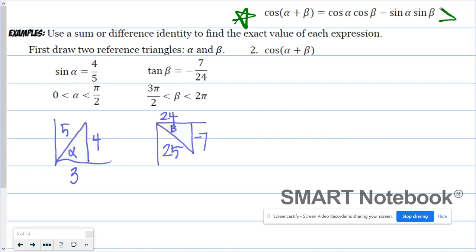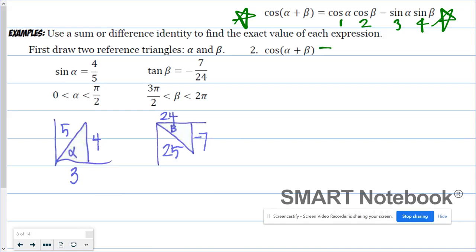Cosine of alpha plus beta is cosine alpha cosine beta minus sine alpha sine beta. And so just like the previous problem, I want to go through and find these 4 values and substitute them into that formula.